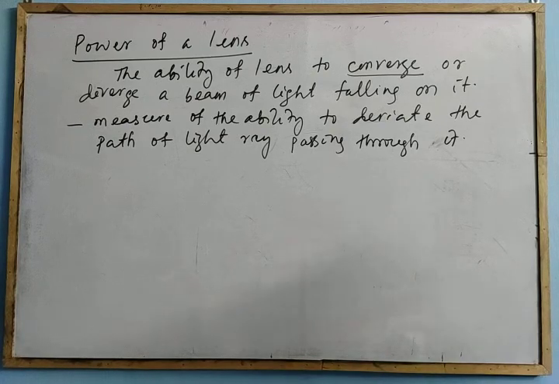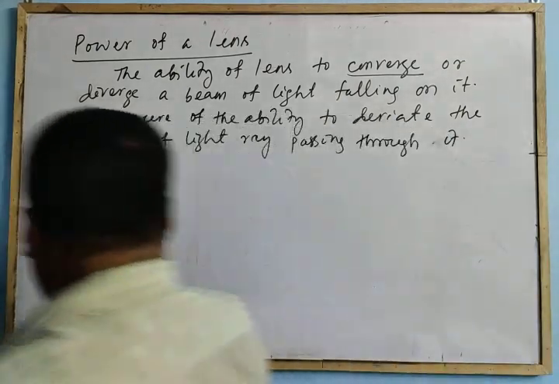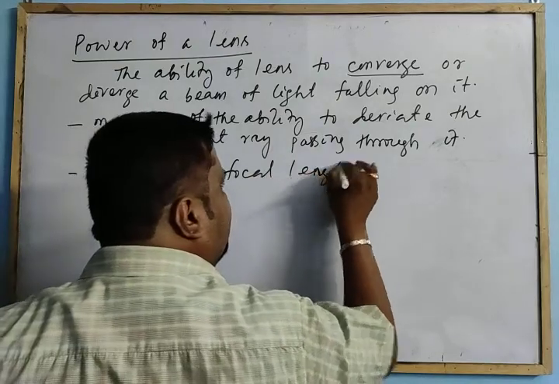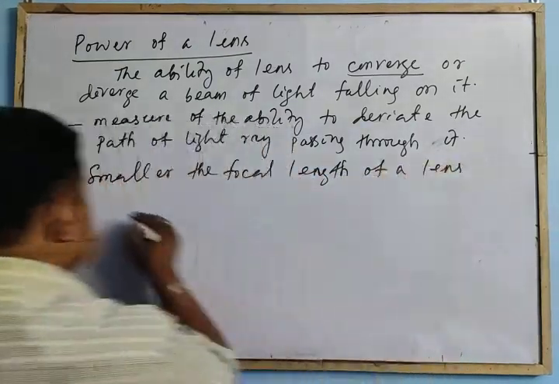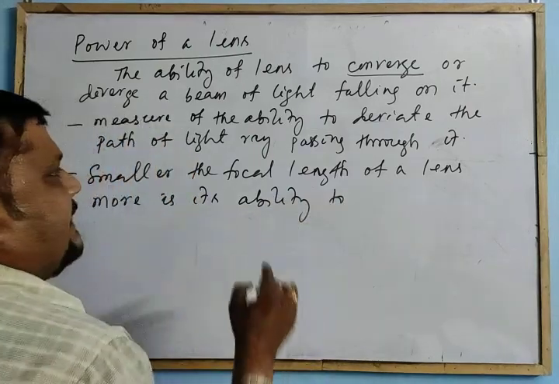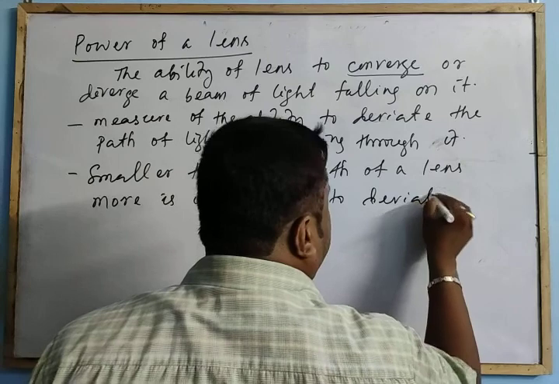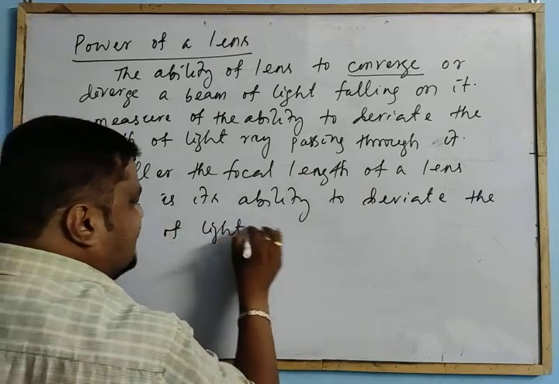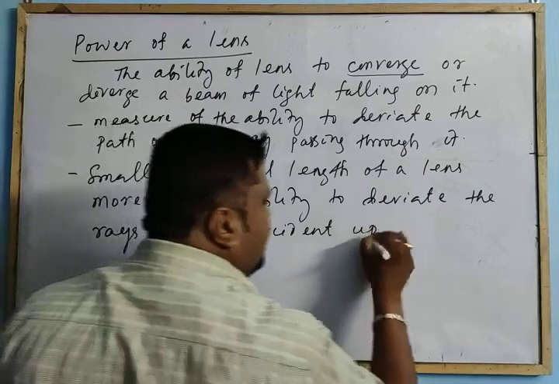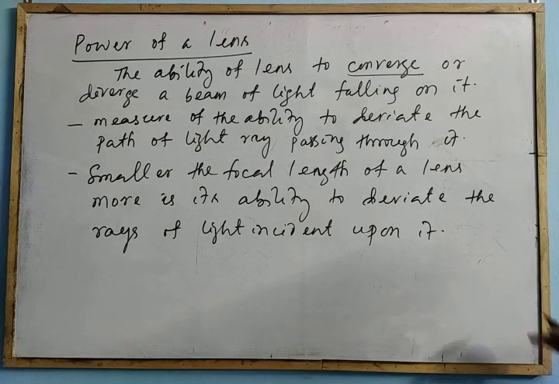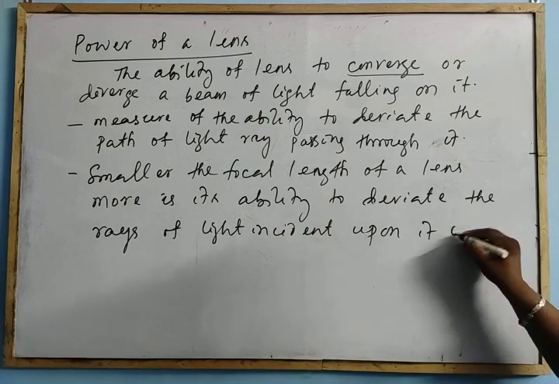And remember one very important point: the smaller the focal length of a lens, the more is its ability to deviate the rays of light incident upon it, or you can say the more is its power.